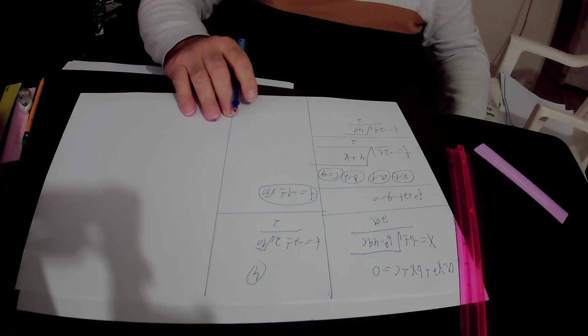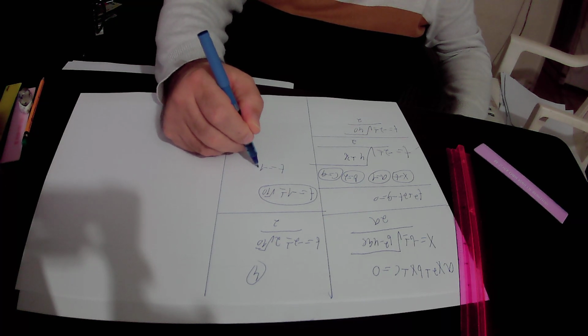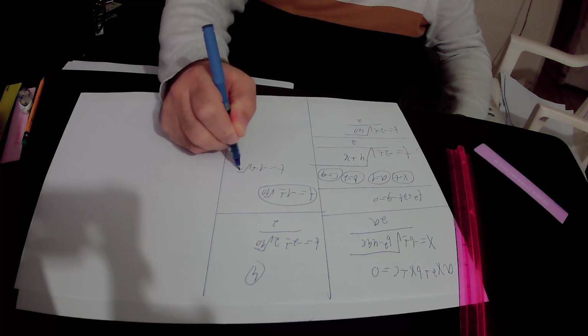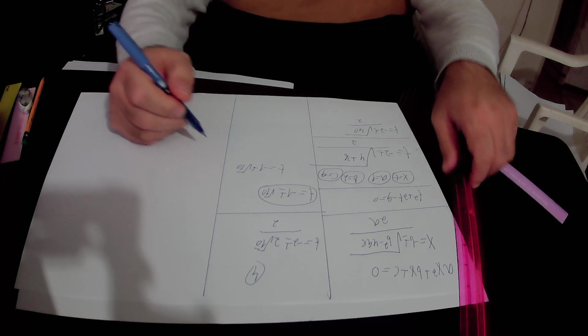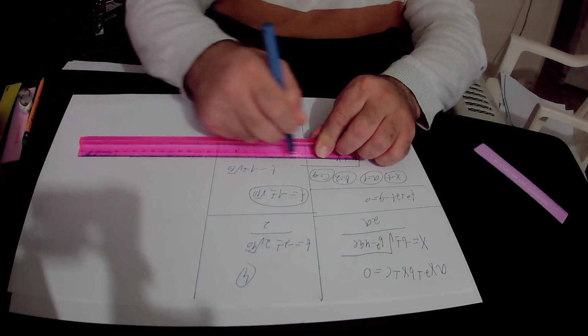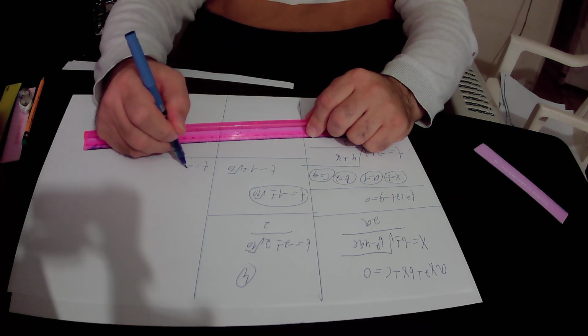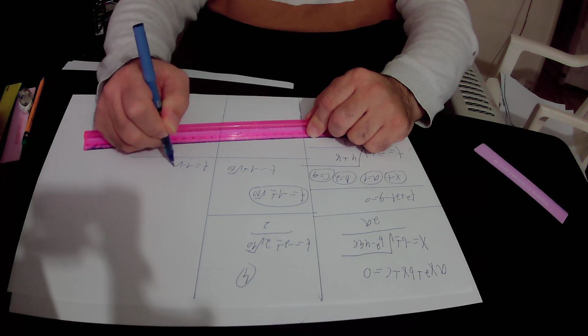So we have here two solutions that are possible for t. The first solution is t equals minus 1 plus square root of 10, and the second solution for t is t equals minus 1 minus square root of 10.